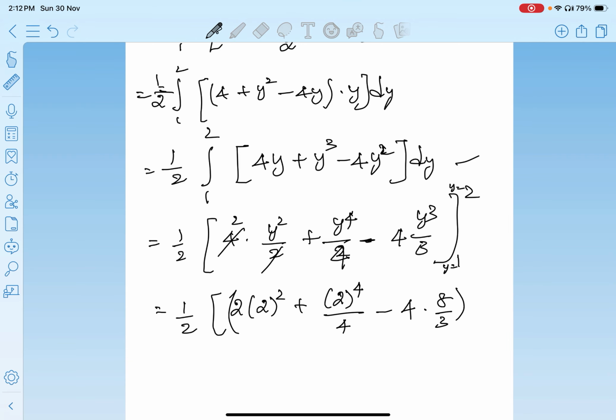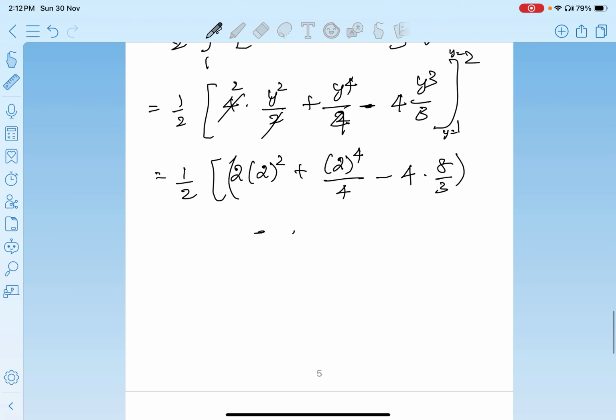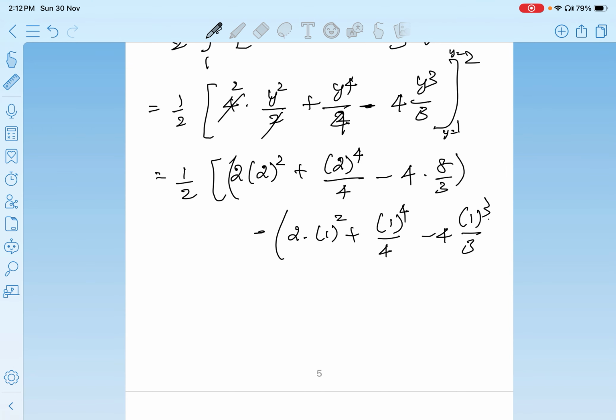Now your lower limit: 2 into 1 square plus 1 by 4 power 4 minus 4 into 1 cube by 3.